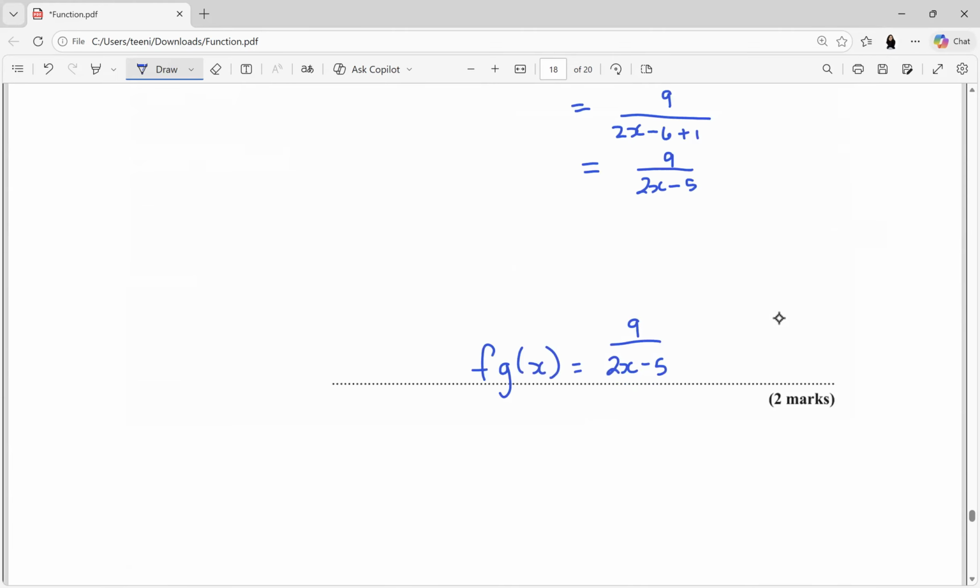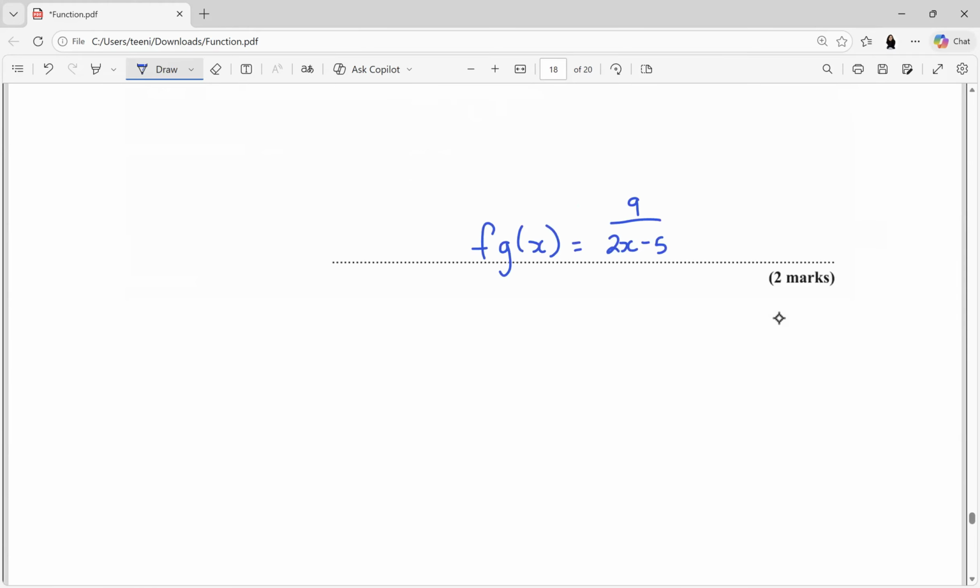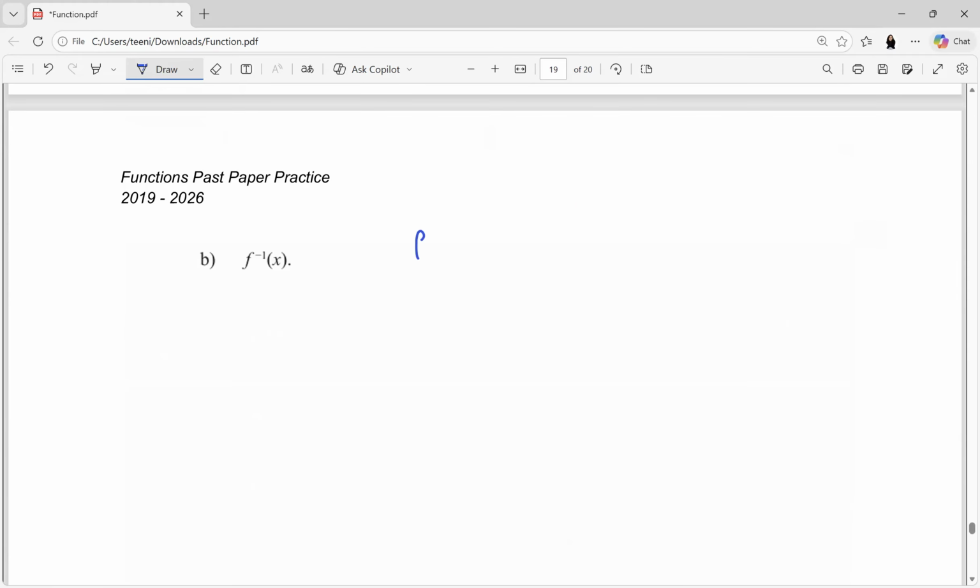f inverse x, so that's 9 over 2x plus 1. f of x is 9 over 2x plus 1. So that's y equal 9 over 2x plus 1. To change x and y, that would be 9 over 2y plus 1. And then make y the subject.